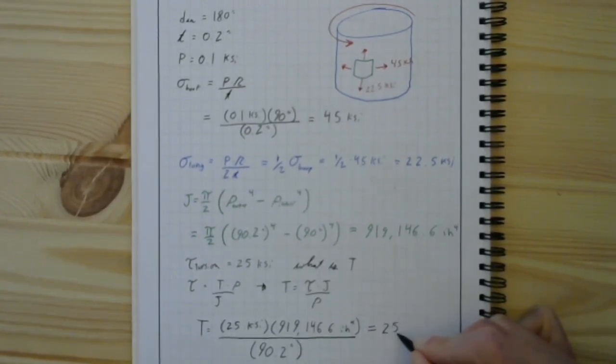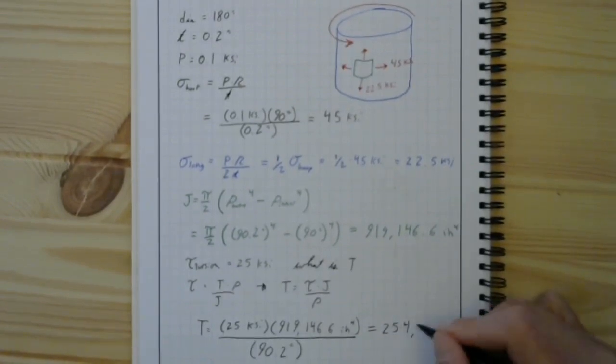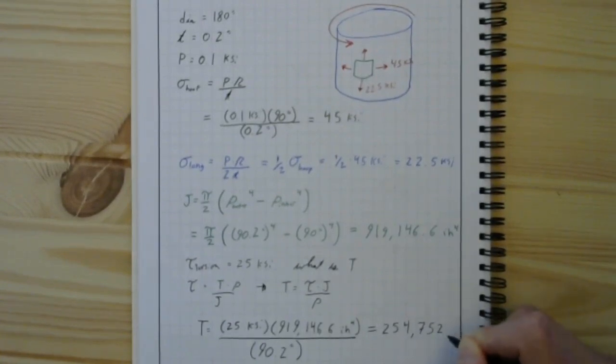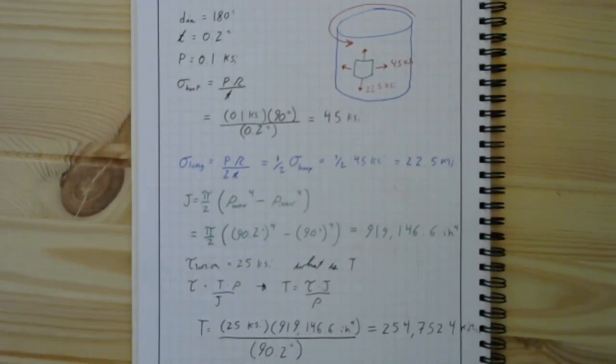It's a large tank. 254,752. Now let's give it a decimal place. 2.4 kip inches. So that's the answer to the first 4 problems on the practice exam. Let's move on to 5.